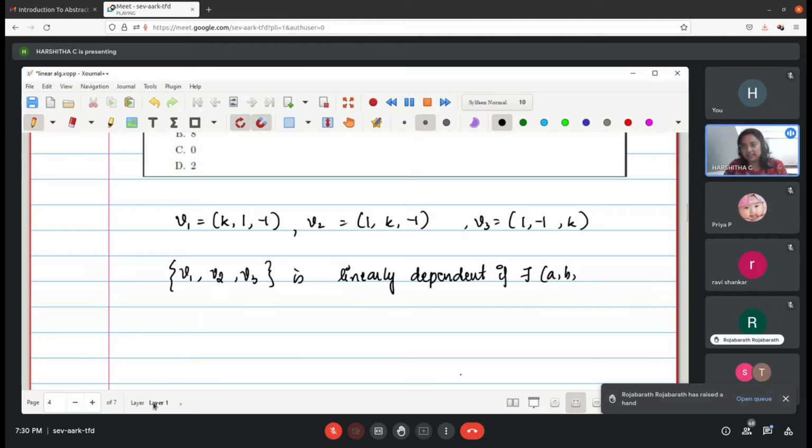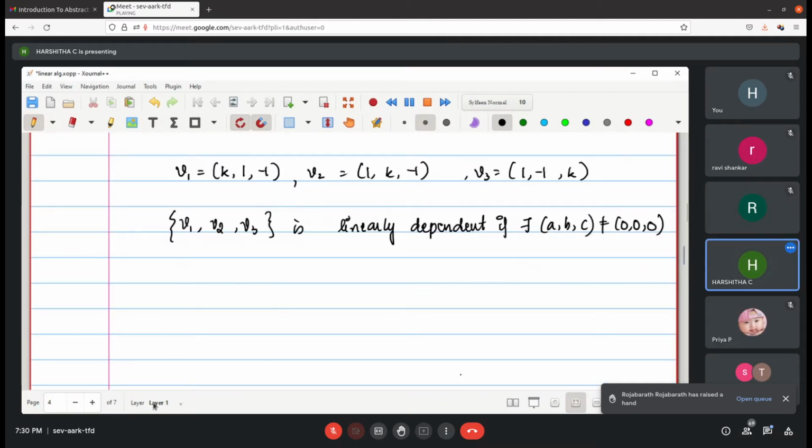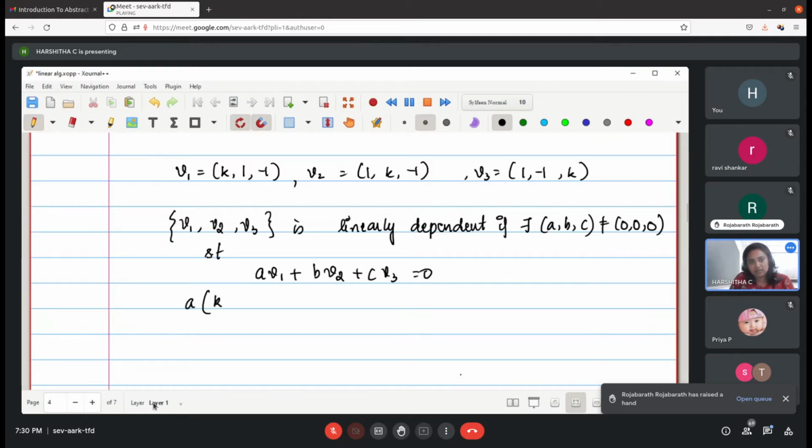So I will just write it this way, that A, B, C are not simultaneously 0, such that A times v1 plus B times v2 plus C times v3 equal to 0. Right? What does that mean? A times (1, k, -1).